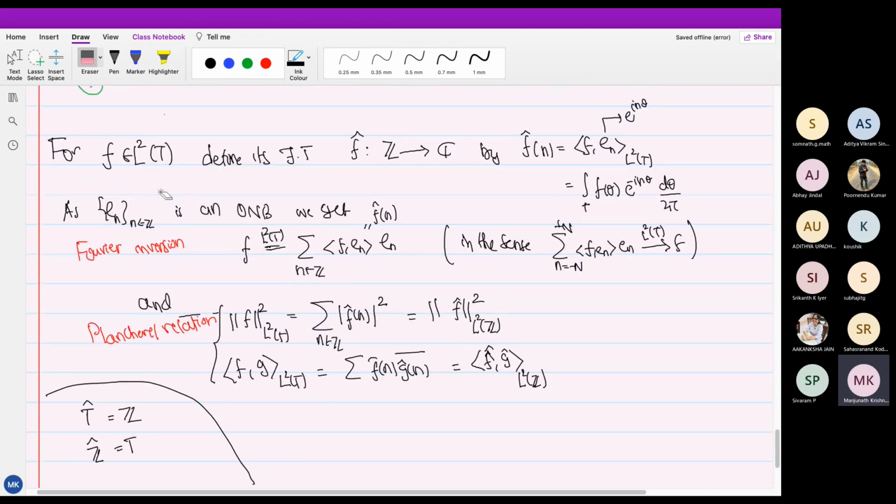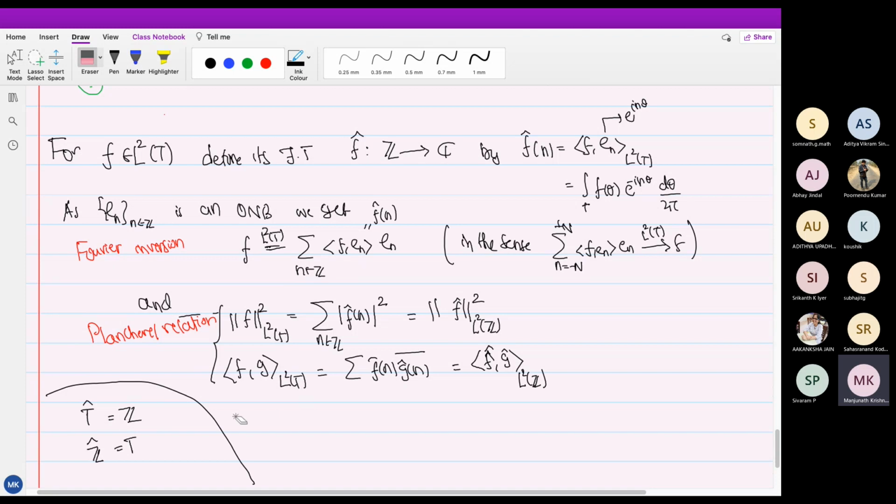And that becomes more apparent here because the set of characters of T is going to be indexed by integers. We will now investigate this point a bit more. Z itself is a group under addition, and its dual is going to be T. So the dual is not even isomorphic to the original group.